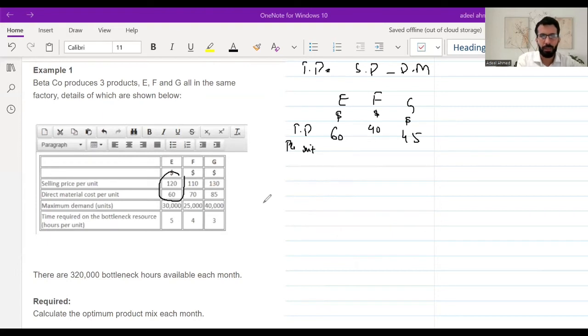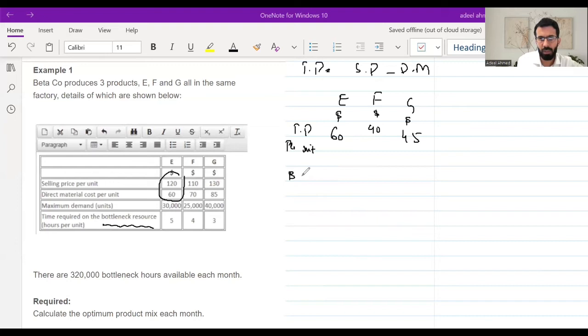And the next step, as I said, would be to calculate the throughput per machine hour, since machine hour is our bottleneck, whatever machine it is. They have already identified for us the time required in hours to make one unit. This is what we refer to as our bottleneck activity, and it is different for each product.